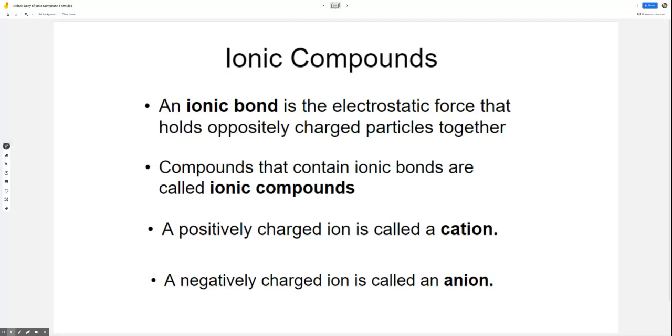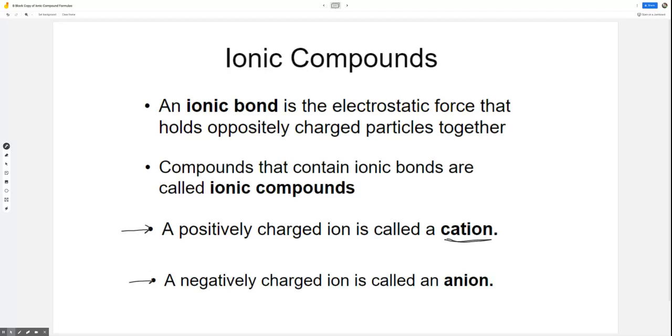It's just that you need to know the names because you will see them and you need to be able to understand what that means. So the special name for a positive ion is a cation. So when you see that term, it's referring to the positively charged side of the equation. And then negative is anion.